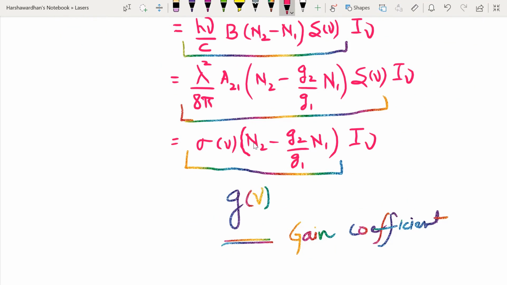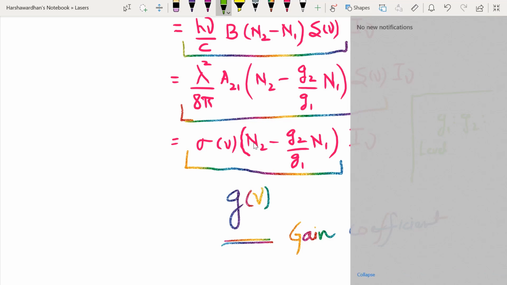Let me first fix this notion of degeneracy. G1 and G2 are related to the atomic level degeneracy.